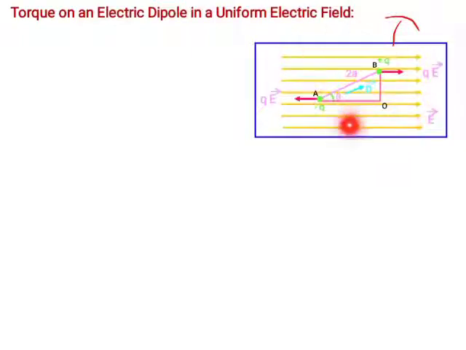E is the uniform electric field, a vector quantity. Both the pink line and the yellow line are in the same direction, so the angle between P and E is theta.